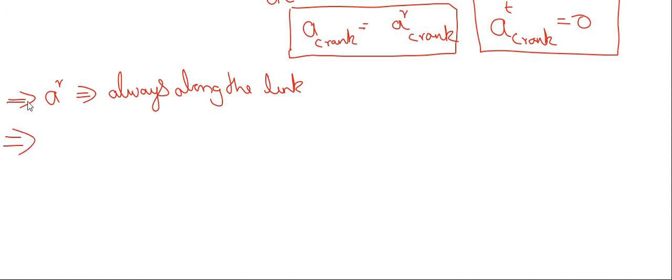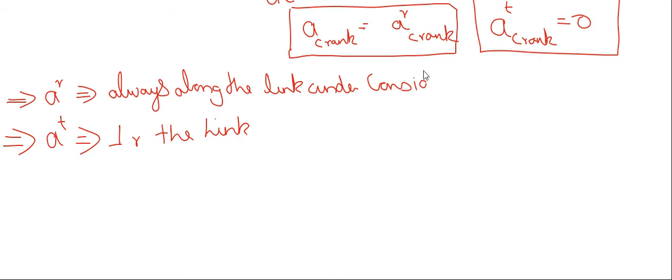And the tangential component will always be perpendicular to the radial component, so that will always be perpendicular to the link under consideration. So whichever link you are taking, the radial component of acceleration will always be along that link, and the tangential component will always be perpendicular to the radial component. That means perpendicular to the link.